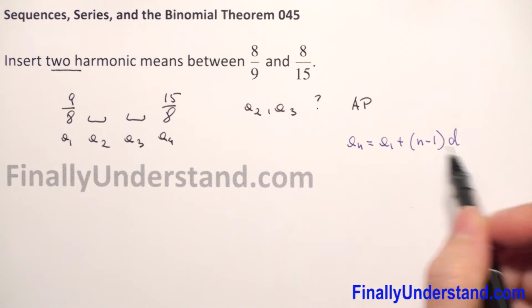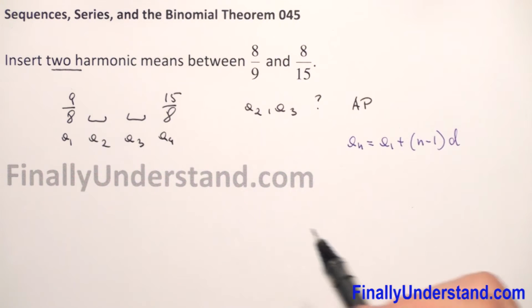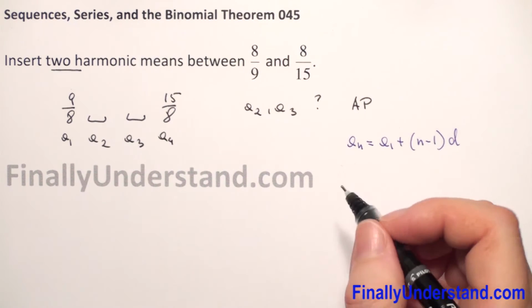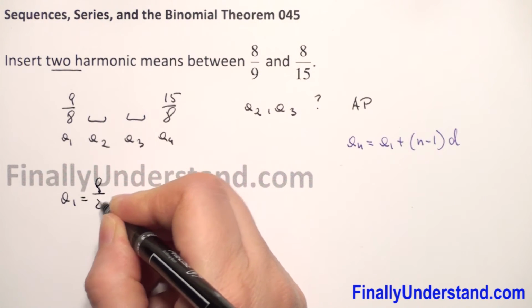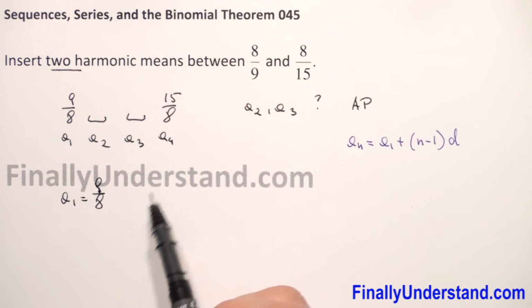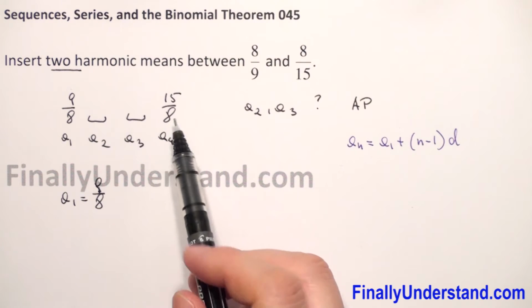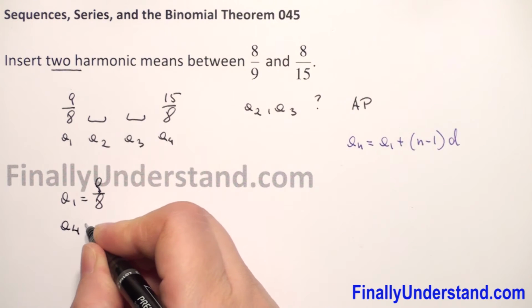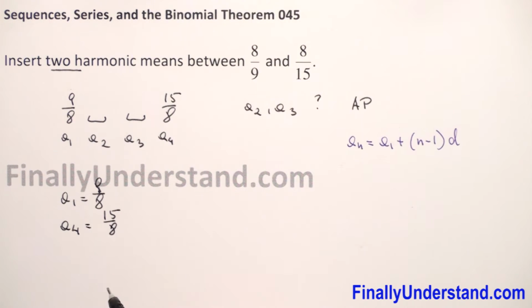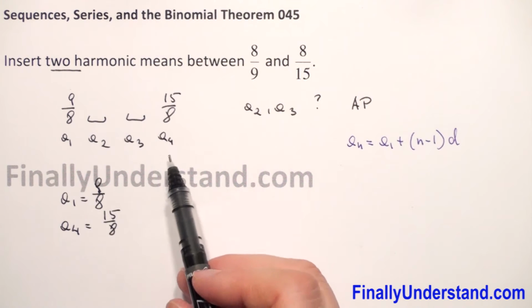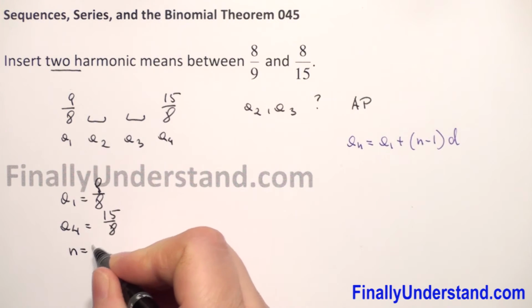In our example, the given first term A1 is 9 over 8, the last term A4 is 15 over 8, and n for A4 is 4. So n is equal to 4.